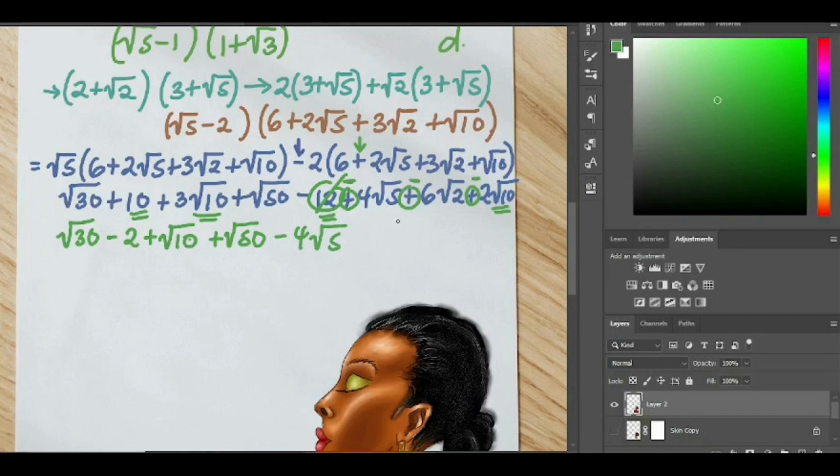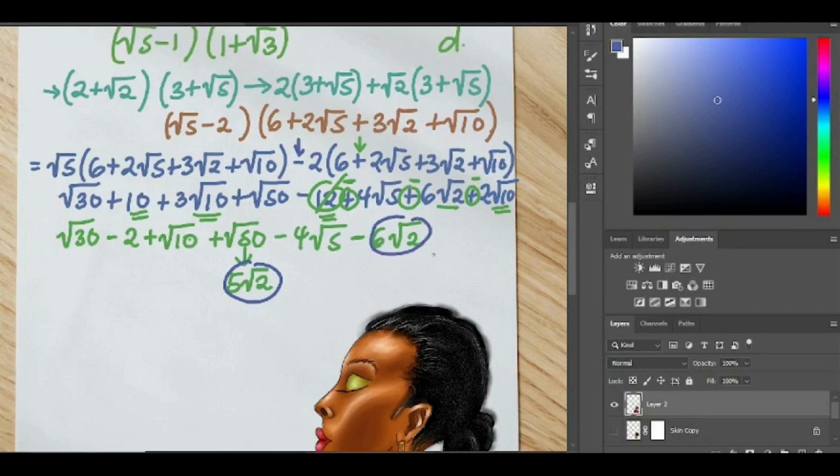And then in this particular case, 6 root 2 is still alone. So here we're going to minus 6 root 2. Now there are numbers here that we can try to simplify into their simplest form. For example, 50 is the same as 25 times 2, so it will be the same as 5 root 2. Now that means I'm going to take this 5 root 2 and minus 6 root 2, and I'm going to get my answer as negative root 2.